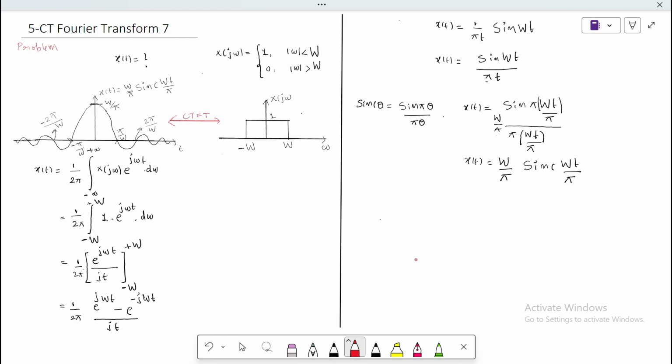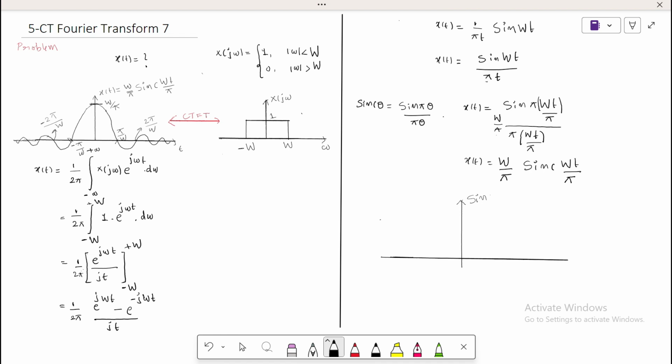So here I would like to draw the sinc function in terms of theta.